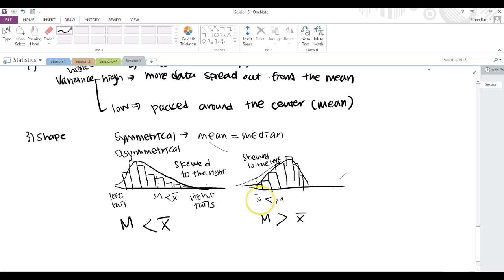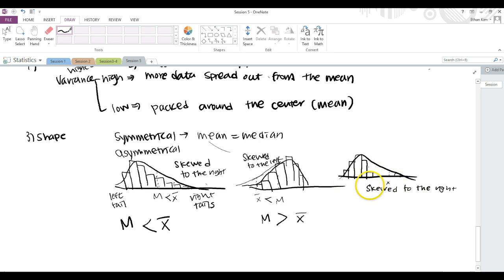And discussing the outliers, say we have a bell shape, symmetrical, but we have an outlier somewhere here, right? The graph would look like this. And although this is symmetrical here, because of that, it's going to be skewed to the right. And that's why the average is going to be affected by the outlier, because it follows the tail.